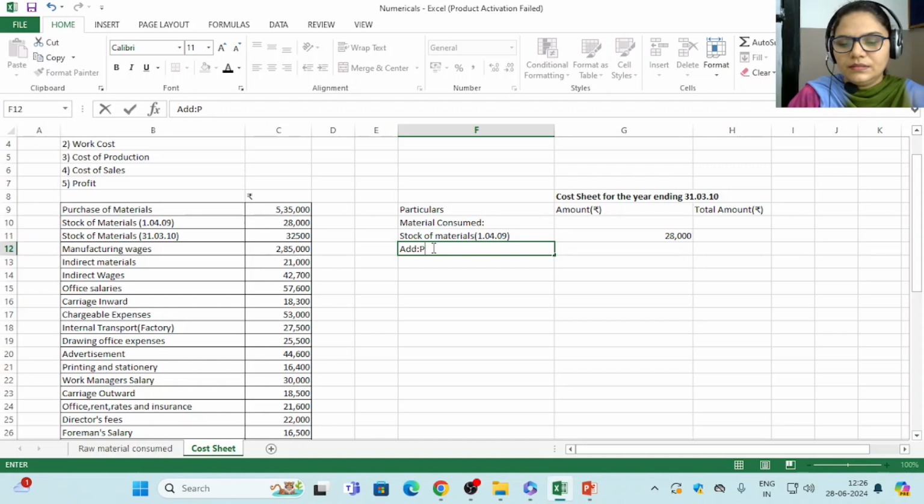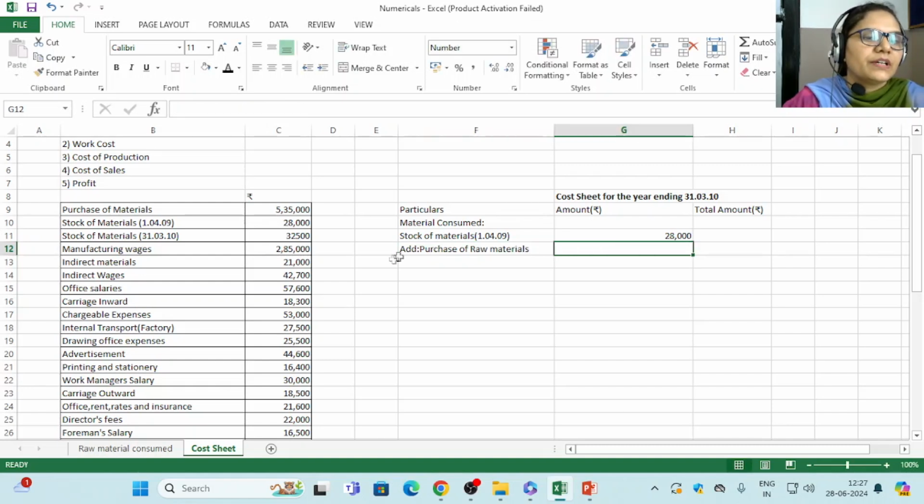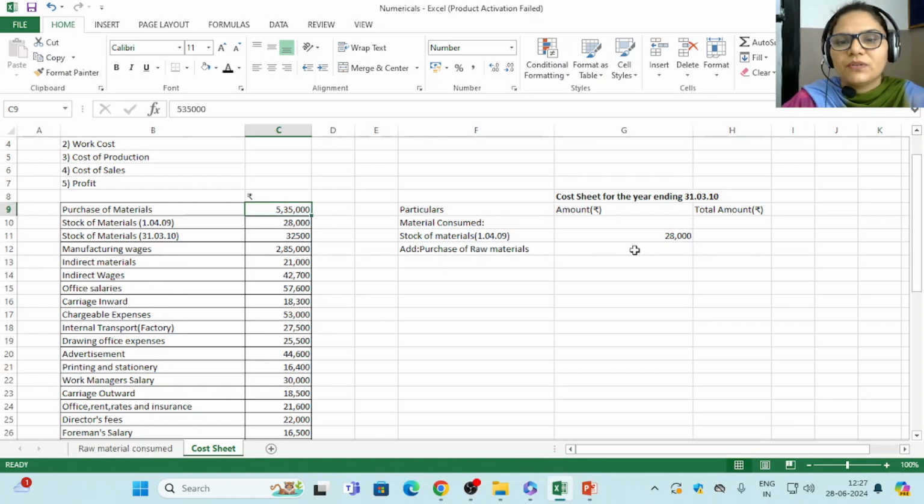Add purchase of raw materials, which is given in the question, 5,35,000.